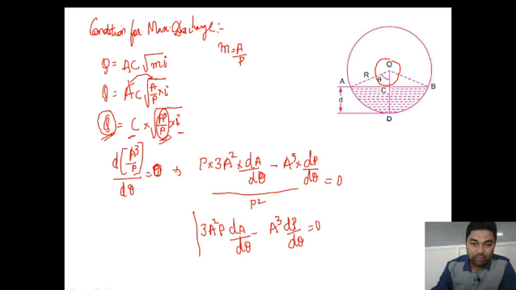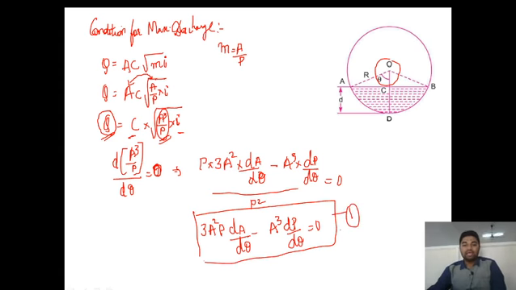Treat it as equation 1. We know the formulas of A and P, and also we have derived dA by d theta and dP by d theta.